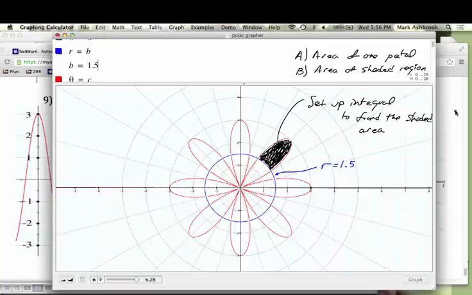Because he said just find the area of one. You should do that. But you can also set that up to find a specific petal. So you have a generic one.